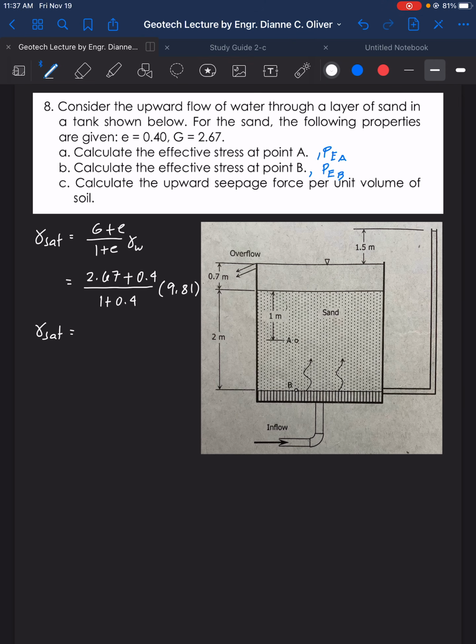Gamma sat is now equal to 21.51 kilonewton per cubic meter. Okay, so we got the first one.